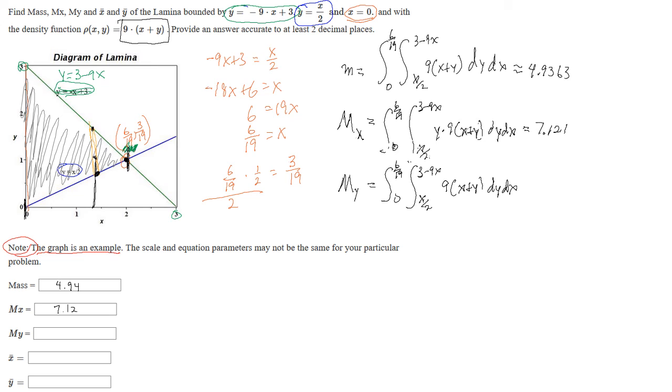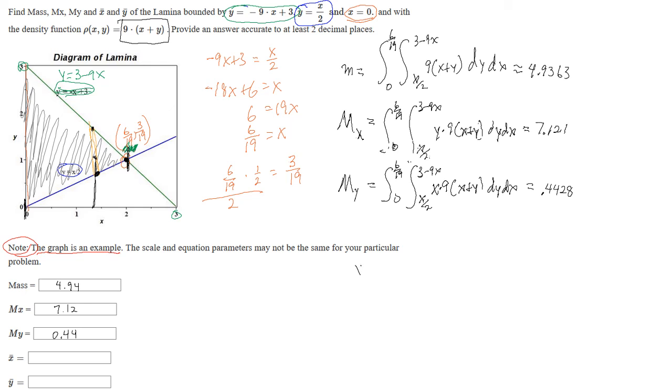But with the distance from the y-axis, which would be x. And we already have all of our calculations, our integrals that is.